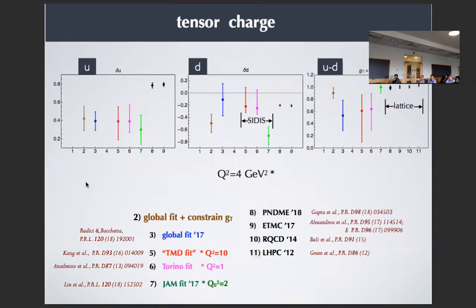Now, this is the result, and it is identified by the brown point here with label 2. This is for the isovector component, which, of course, by construction is consistent with the lattice. This is the result for the down quark, and this is the result for the up quark, compared to our previous global fit, which is the blue point.